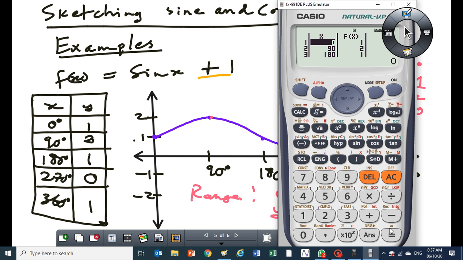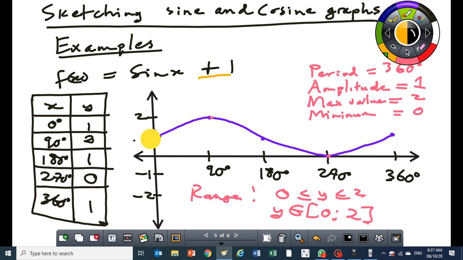When x is 0, y is 1. So we have got that point. When x is 90, y is no longer 1, it's now 2 for this graph.